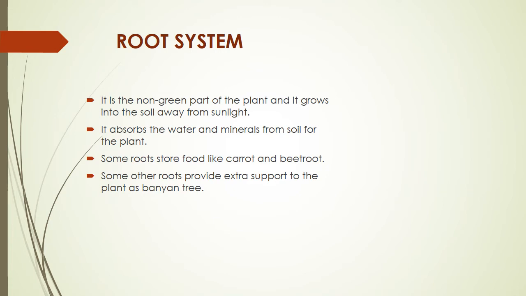As in the process of photosynthesis for making the food for the plant, water and minerals are very important, and this water and minerals are carried by stem to the different parts of a plant. And there are some roots which store food like carrot and beetroot.